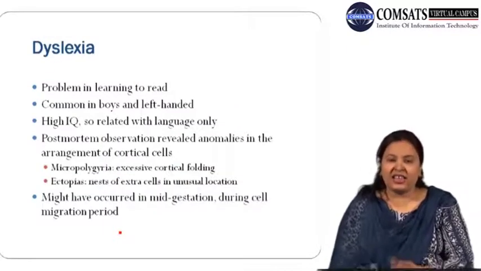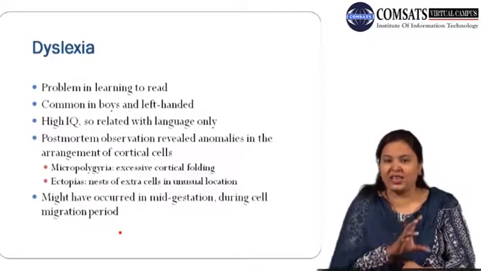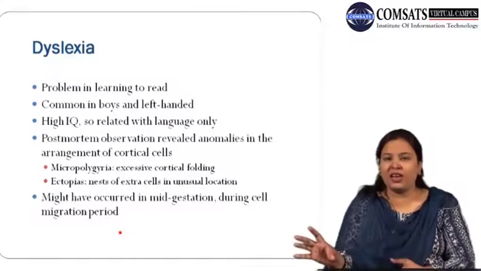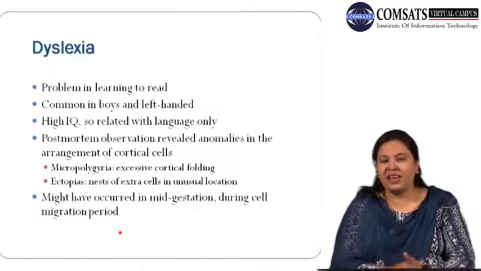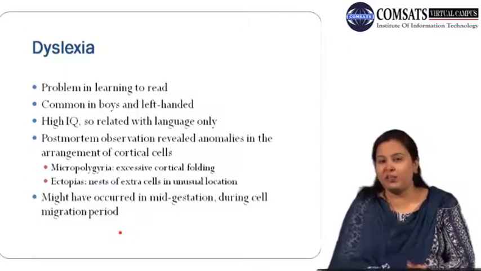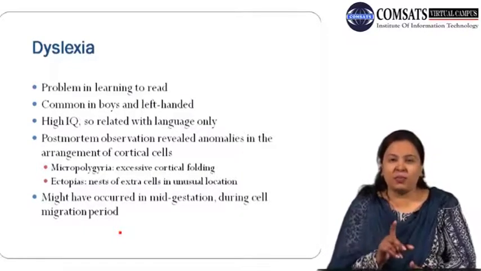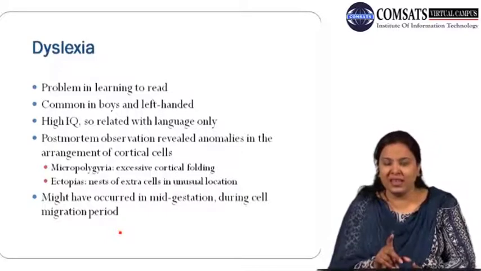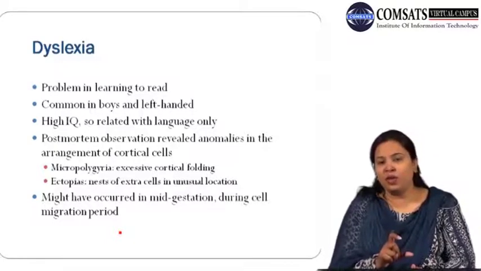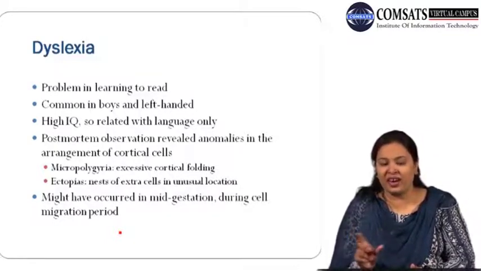Now dyslexia is actually alexia: an inability to read, with problems in learning to read, common in boys and left-handed people. Another important observation is that dyslexia or alexia is usually found in boys, the males, and in people who are left-handed.